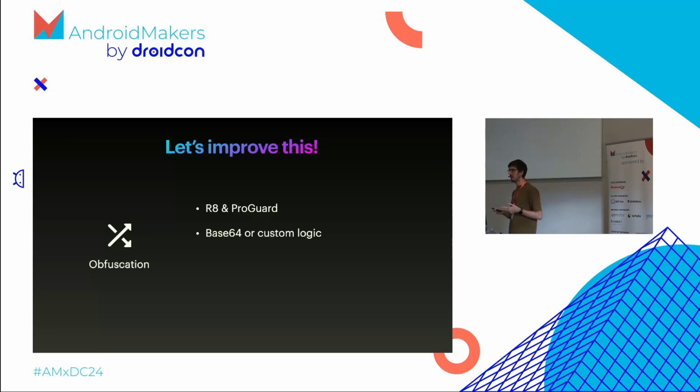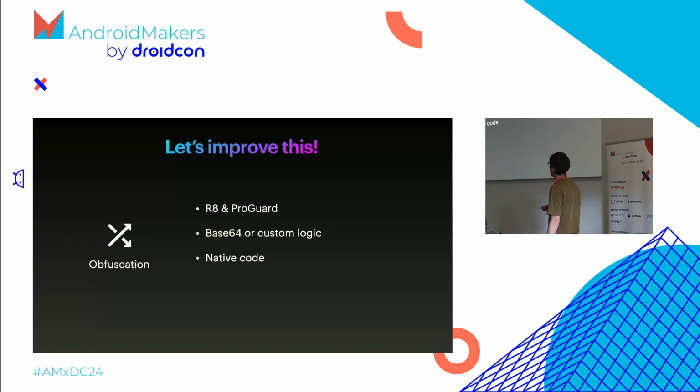So for example, decode the base64. What that means is that all this logic that you are applying is in your source code. If anyone gets your APK, they can decompile it, reverse engineer it, see the code, the logic that you put there, and just do the same as you did to get the key again.